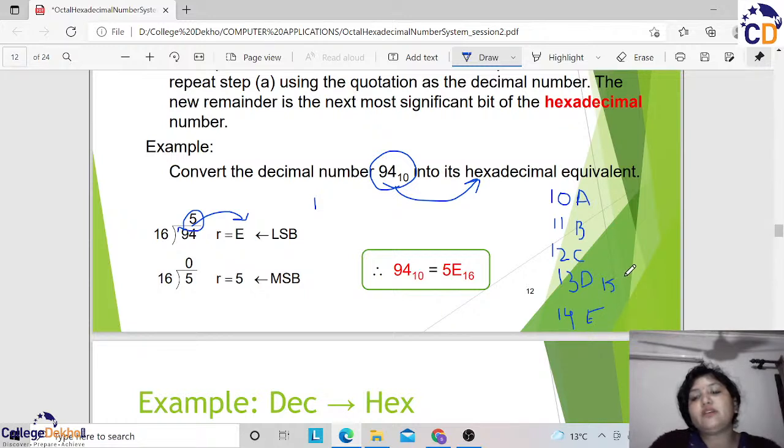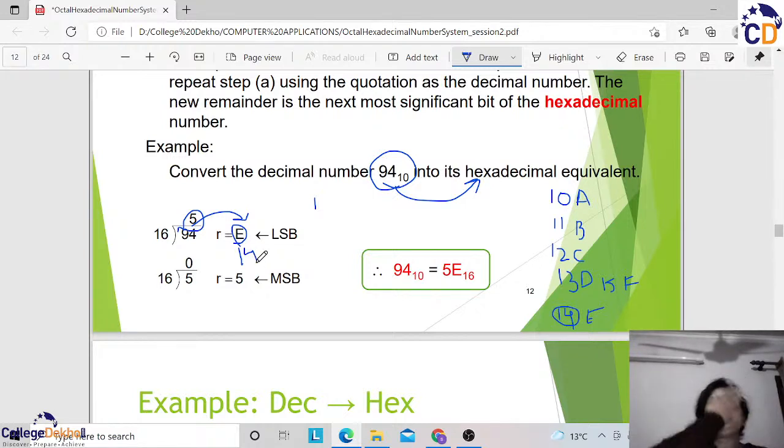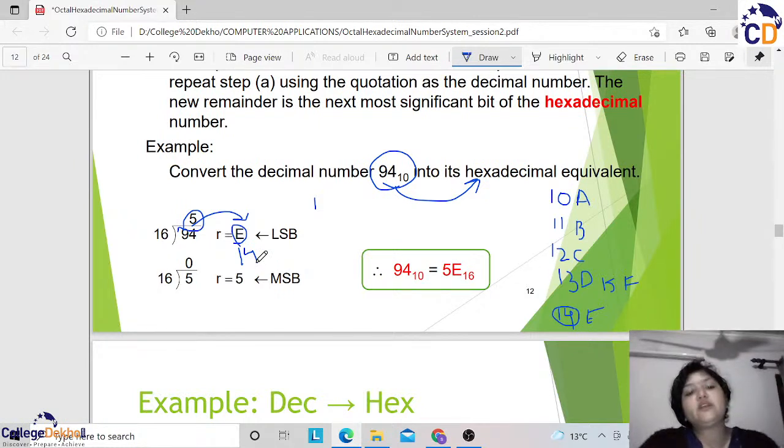Now let us see why it is taken as E. E is 14, so your remainder would be 14 here. That's why it has been taken, because after the digits 0 to 9 it does not understand numbers, it takes alphabets, from 0 to F, completing 15 digits.